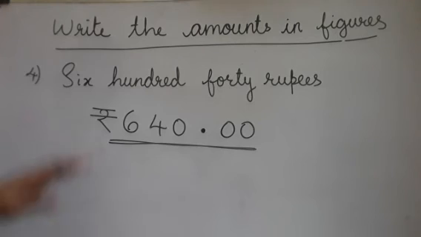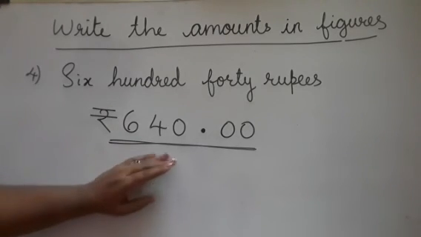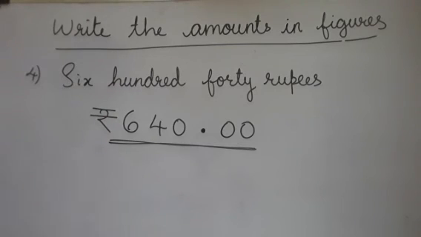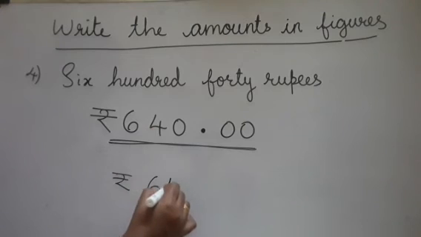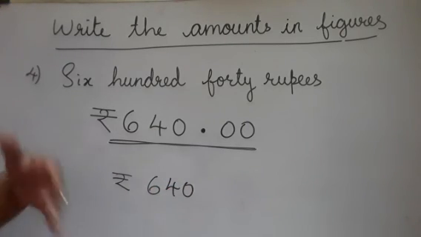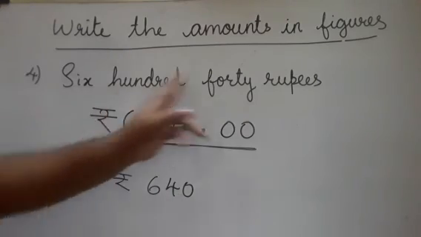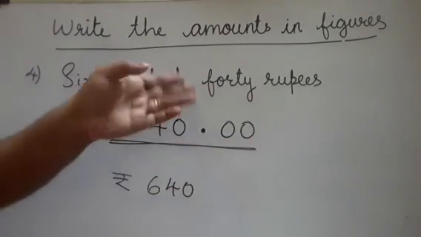Okay, my dear kids, for this question, we can write this amount in figures in another method also. That is, write the symbol of rupees first and then write 640. There is no need of putting this 00 here because the paise is not given here.